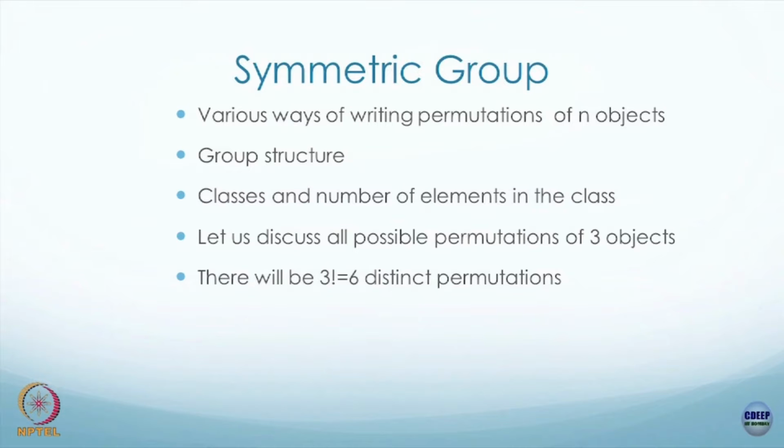So, basically what is a permutation? If you have n identical objects, I give a tag to it as 1, 2, 3, 4. I can take object 1 and object 2 and exchange, or I can take object 1 to take the object 2 position, object 2 to take the object 3 position, and object 3 taking the object 1 position.